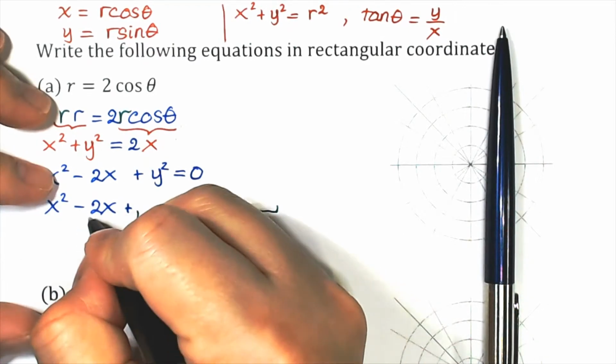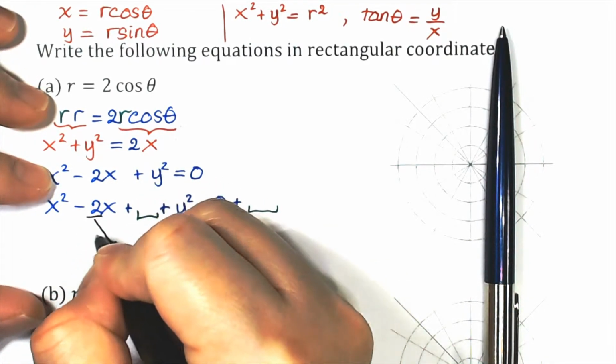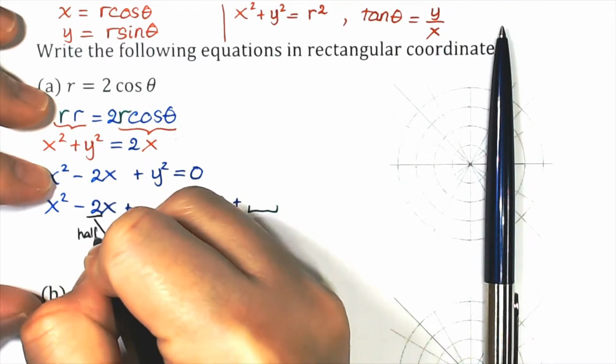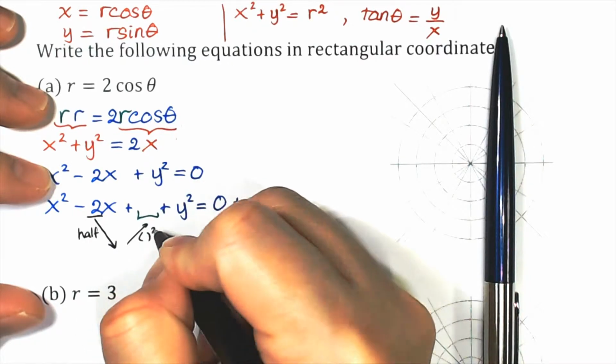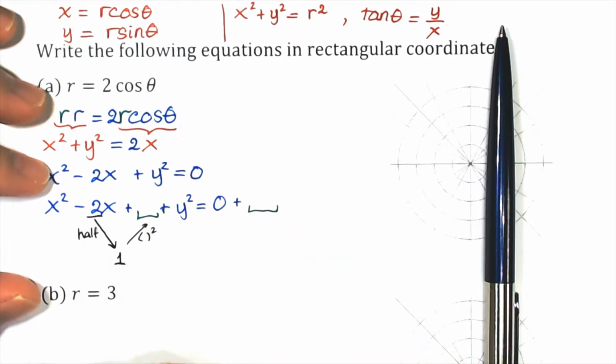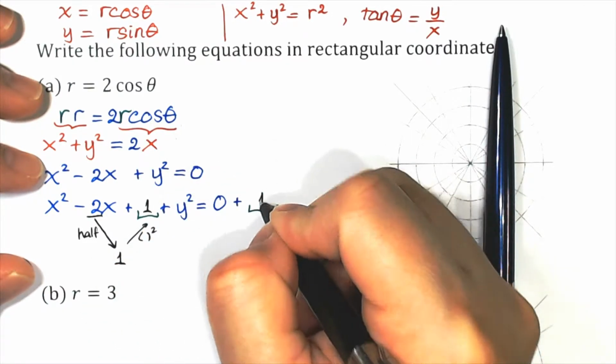To complete a square, we will take half of the middle term. So take half of that. I'll just write half. And then we will square. Half of that is going to be 1. And when we square it, it is still 1. And we will add 1 on both sides.